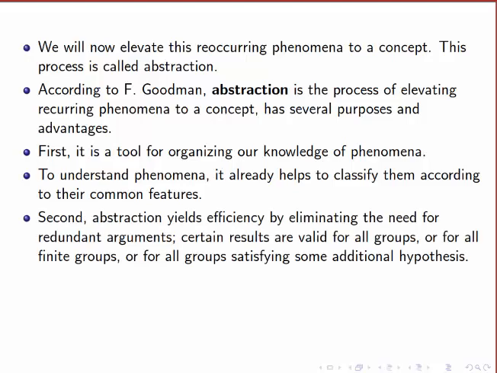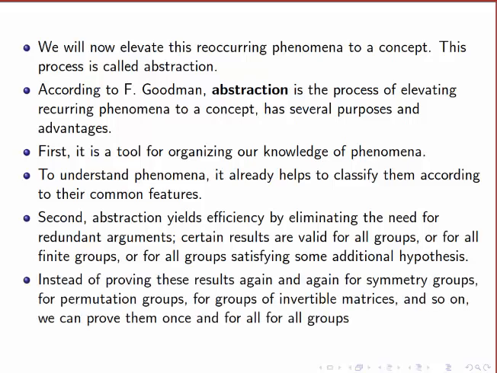Second, abstraction yields efficiency by eliminating the need for redundant arguments, and certain results are valid for all groups, for all finite groups, or for all groups satisfying additional hypotheses. So instead of proving these results again and again for the symmetric group, permutation groups, groups of invertible matrices, and so on, we'll prove them once and for all groups. And this is a very appealing thought.